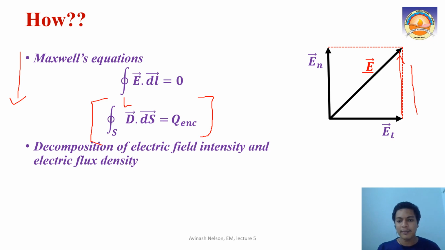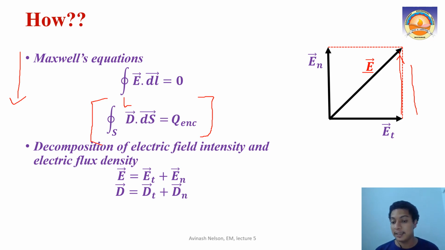So vector E equals Et plus En, and D equals Dt plus Dn. Et or Dt means the tangential component of electric field intensity or electric flux density. En and Dn mean the normal component of electric field intensity and electric flux density.